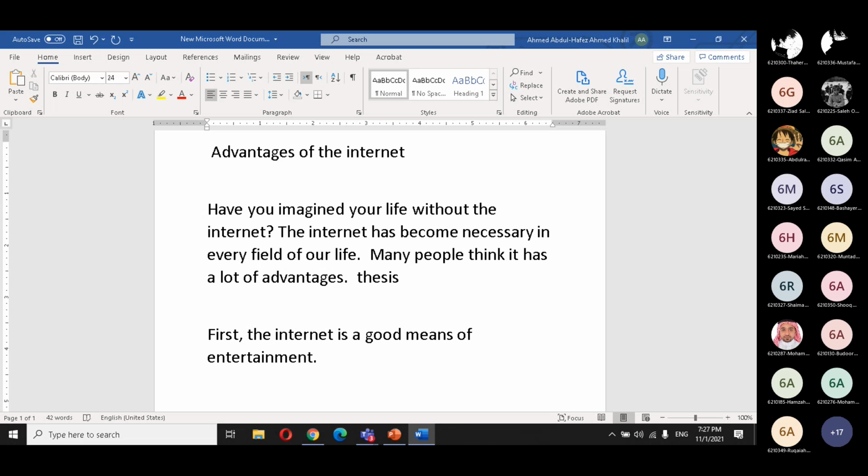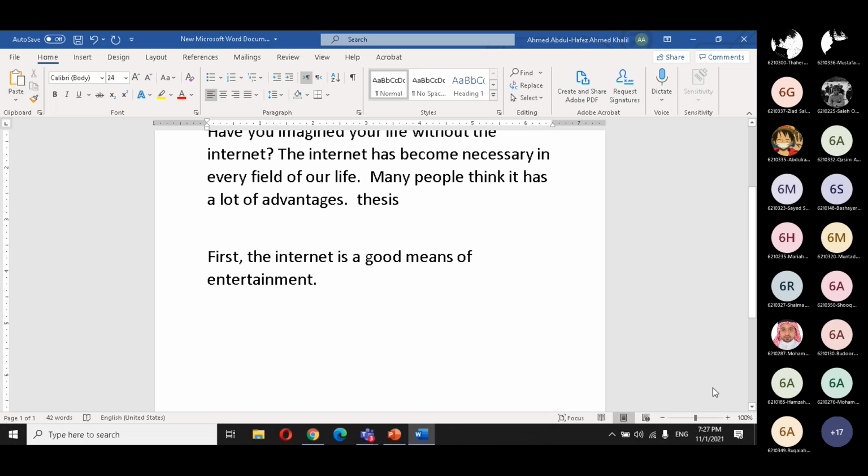Okay, then you write paragraphs. Each paragraph is about one specific idea, and you should put a sentence at the beginning of the paragraph. It shows the main idea of the paragraph. It is called topic sentence. And the other sentences support this idea. As we said now, the internet is a good means of entertainment.